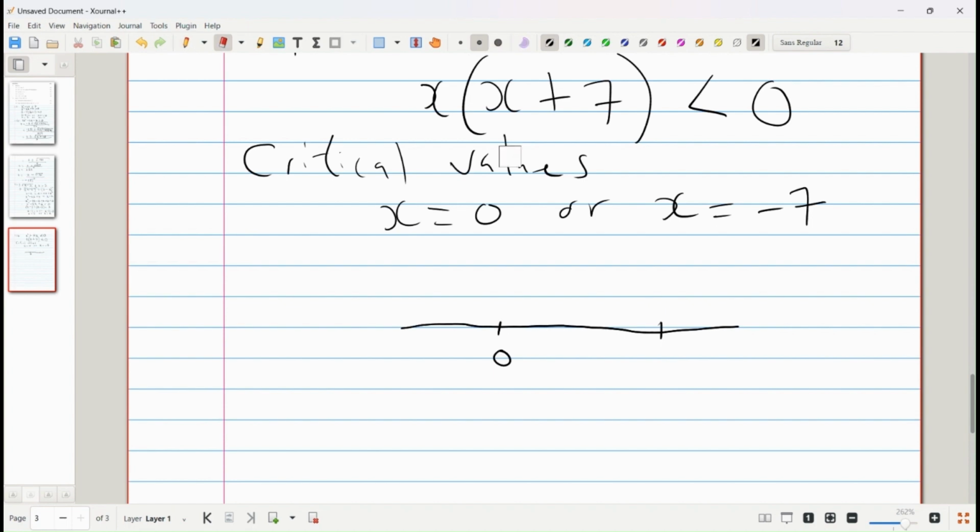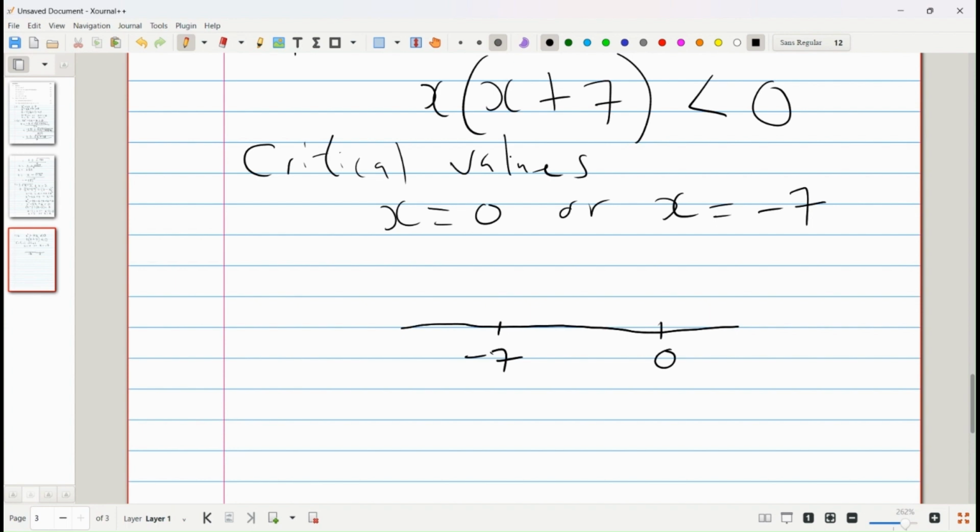Start with the negative, we'll have negative 7, and 0. So we check where this equation is less than 0. If you check from the parabola, when you draw a parabola, because a parabola is a quadratic expression, this is a positive parabola.